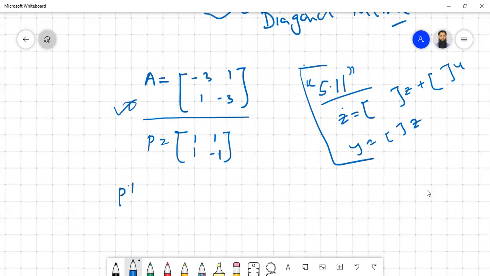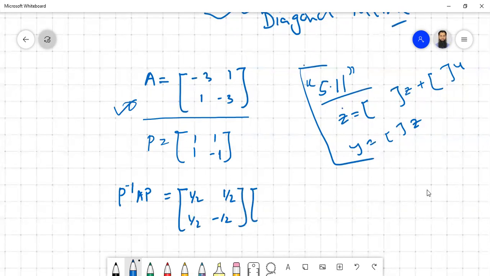So basically P inverse AP, I'll let you do the whole problem solving. So in the P inverse, you have to calculate half, half, half, minus half. This is P inverse, A is already given, so minus 3, 1, 1, minus 3, and the P matrix 1, 1, 1, minus 1.